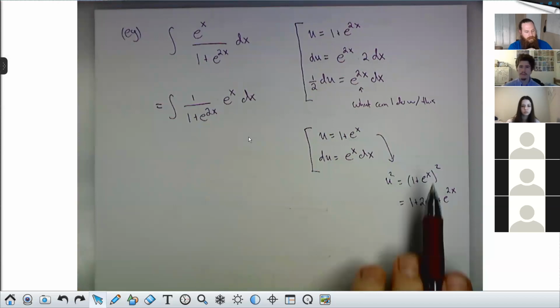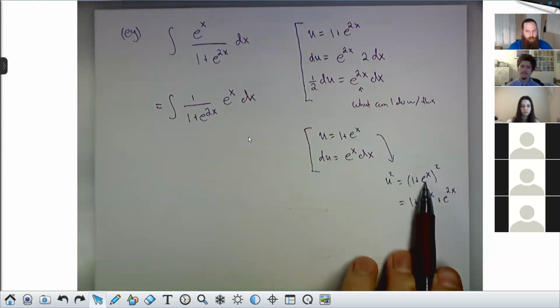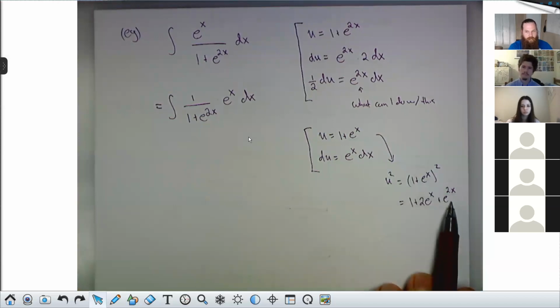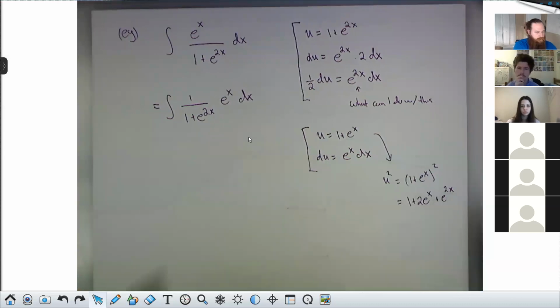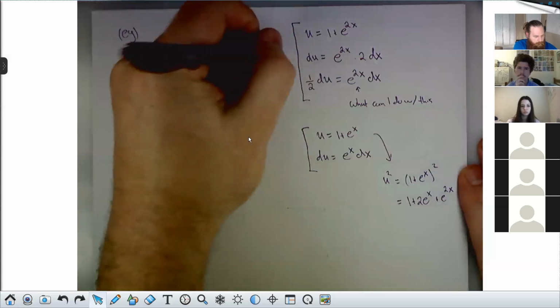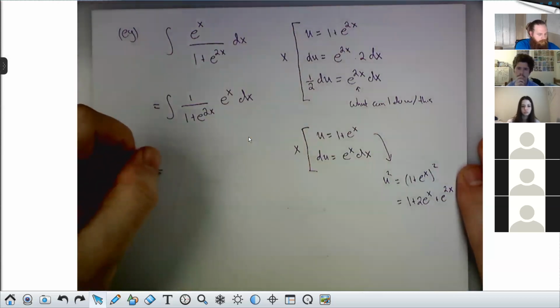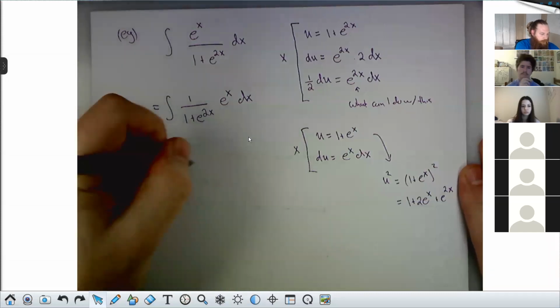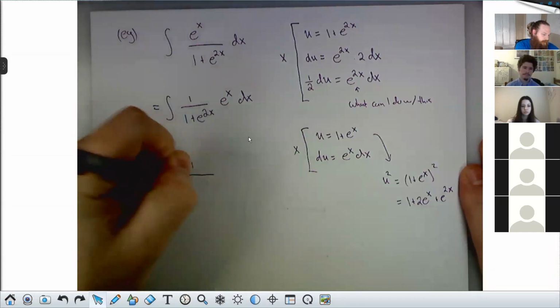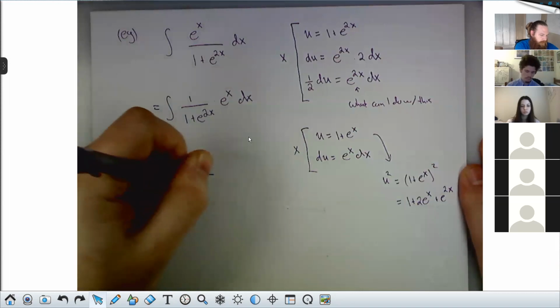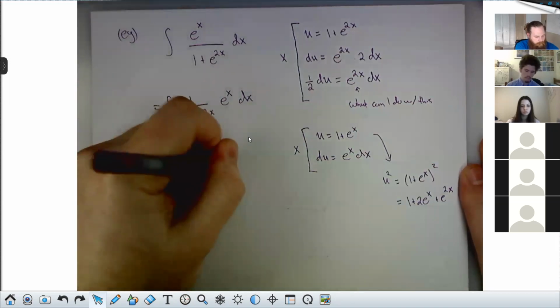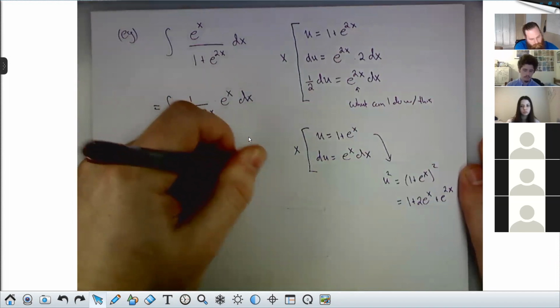The fact that e to the x itself squared is e to the 2x is useful. Let me take this. So again, this one doesn't work. This one doesn't work, although they're both reasonable things to try. I'm going to rewrite this integral a little bit further here, like this.